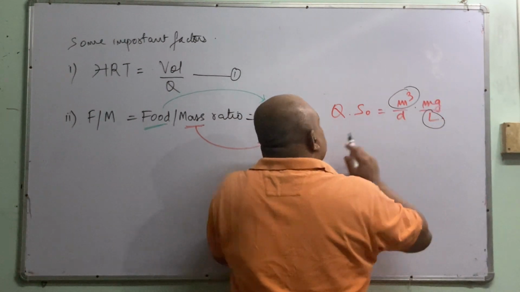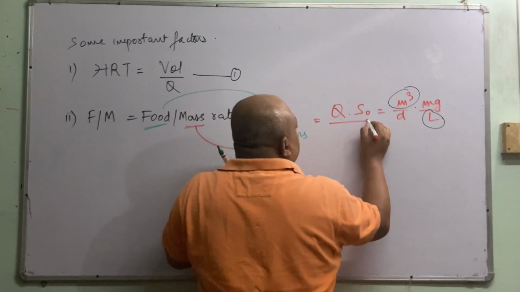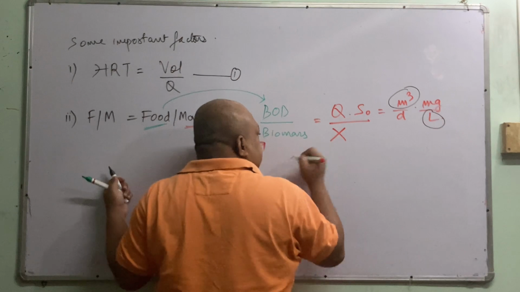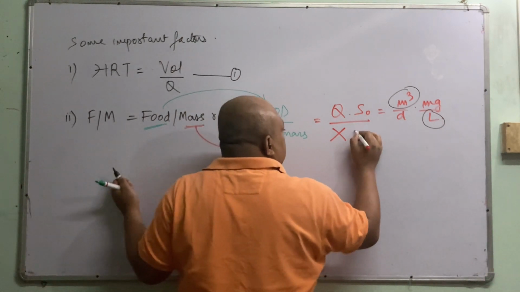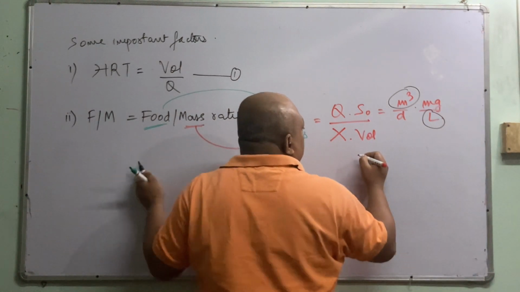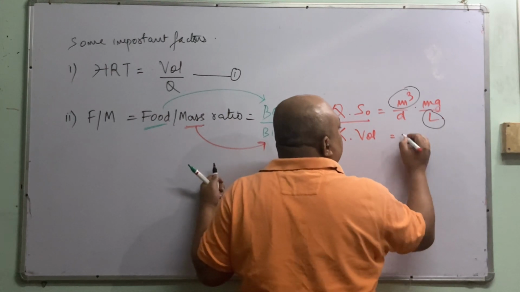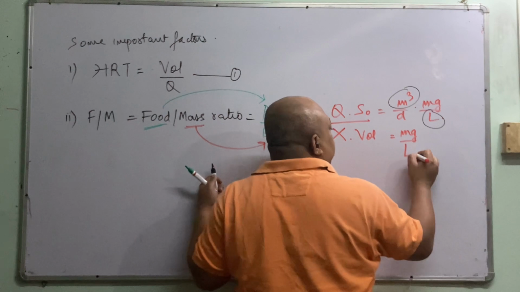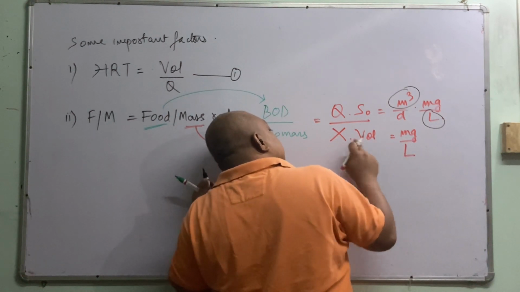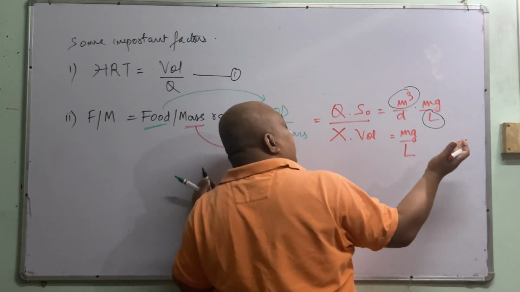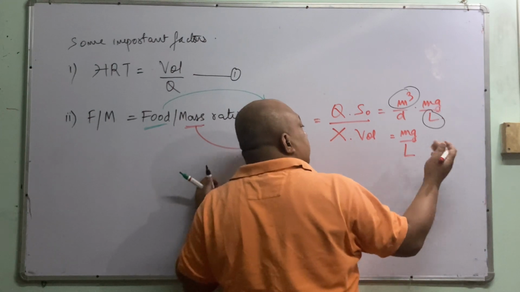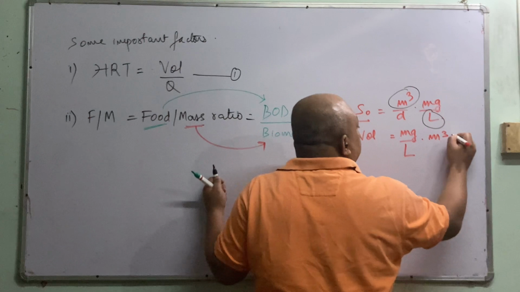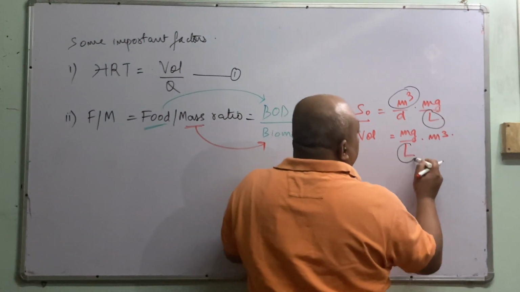It is divided by how much biomass is there. Biomass inside the reactor is X into the volume. X is milligram or gram per liter of microbes, into the volume in meter cube, so these two can also be cancelled.